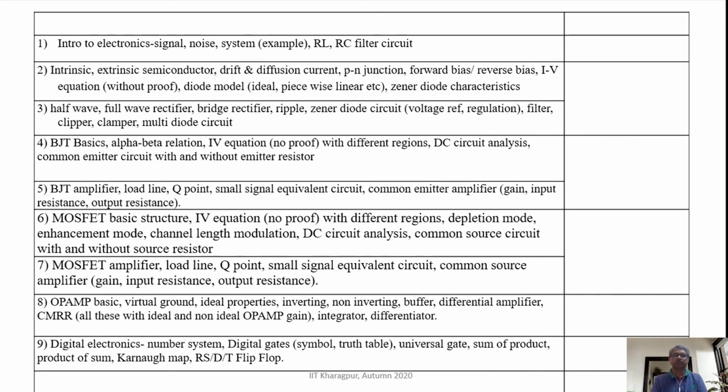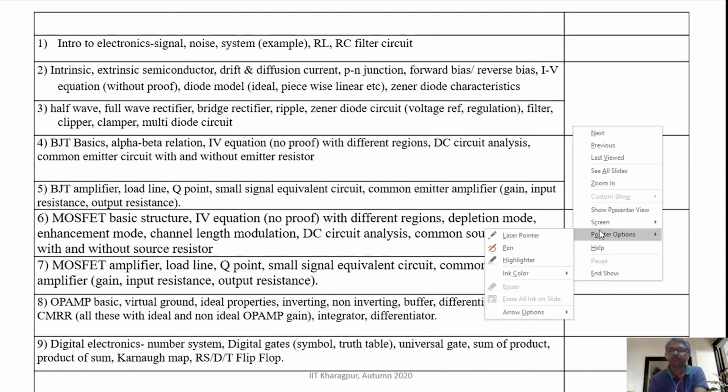The syllabus of this subject is tentatively like this. We will talk about basic electronics. I will introduce the roadmap of electronics to you. Then we will move to semiconductor material. Then we talk about PN junction diode, different diode models.